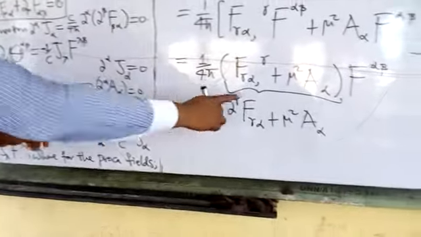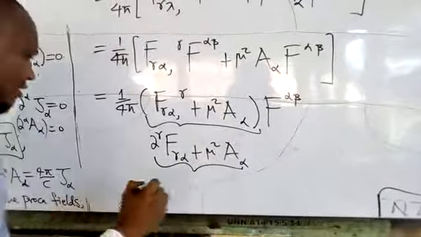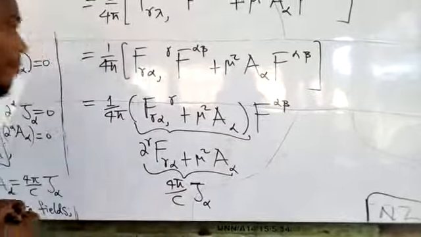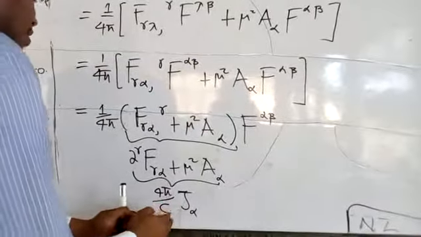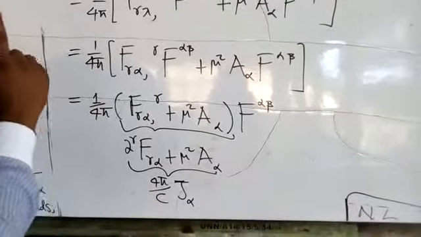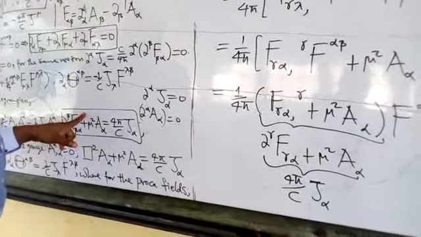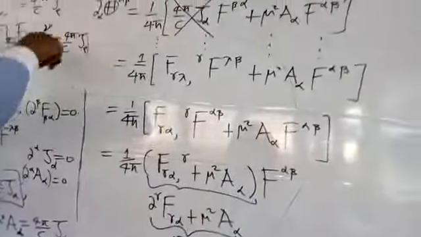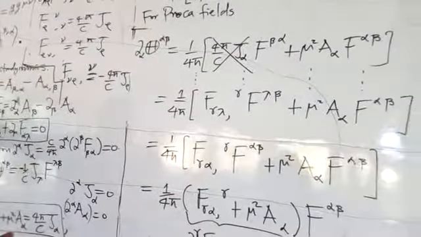So this whole expression here is just the same thing as 4 pi all over C J sub alpha. So this is what is actually equal to 4 pi over C J sub alpha for the Proca Lagrangian or from the Proca equation of motion. The first mistake I made was to assume that that will give me this, but that will be according to the Maxwell equation or Maxwell-Lagrangian, and that will be completely wrong.